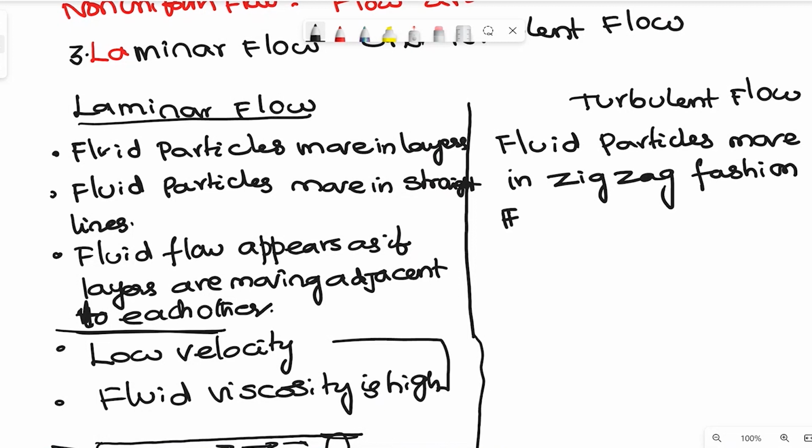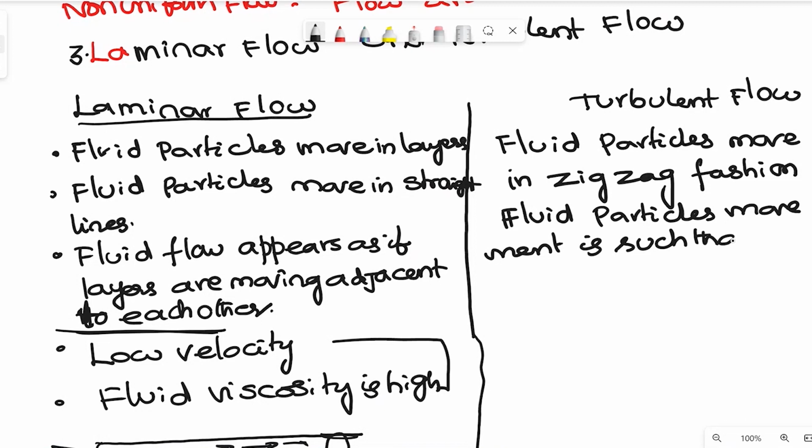Fluid particle movement is such that they are crossing each other.